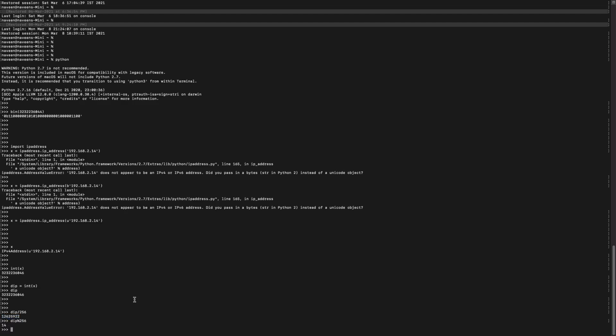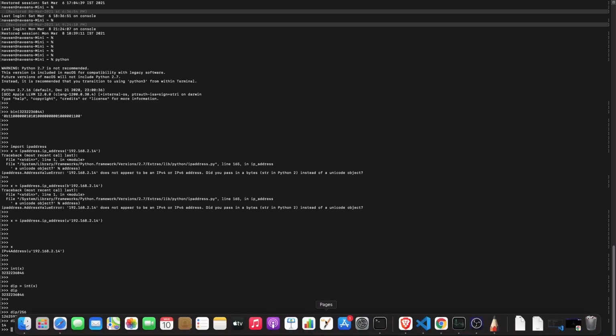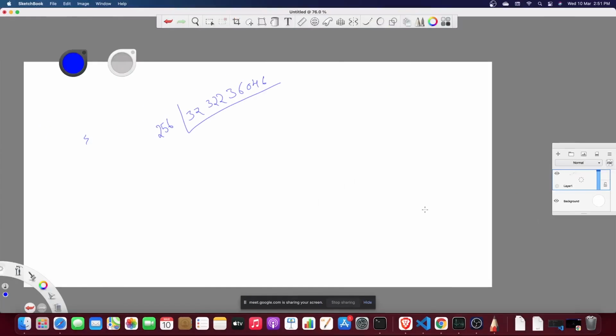Okay, so let's write that down. Coefficient is 12582912, right? What is the remainder? 14.